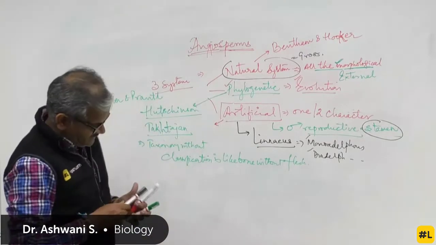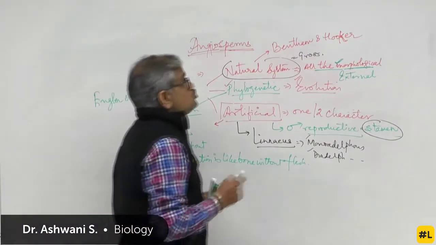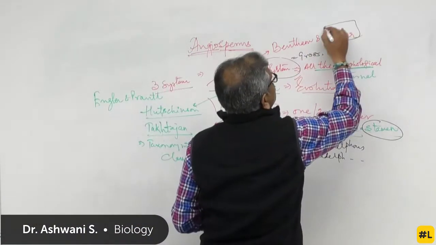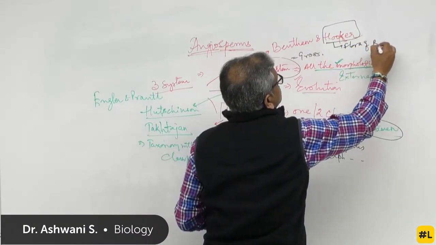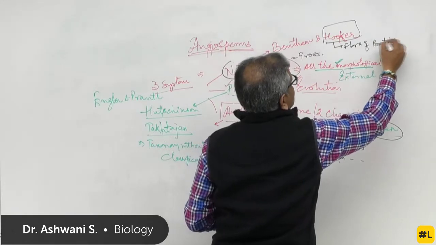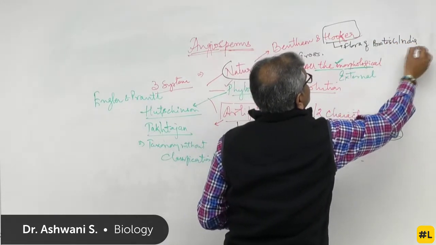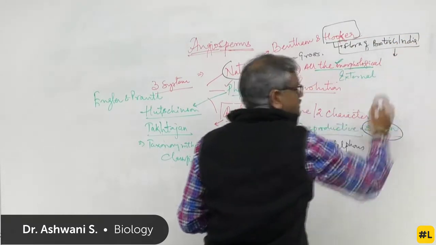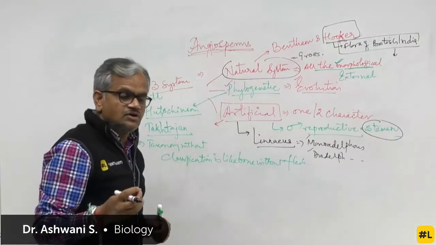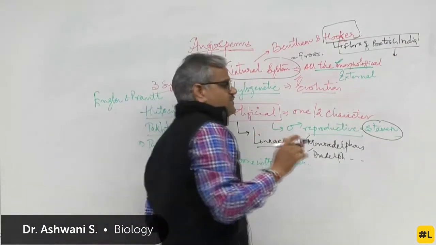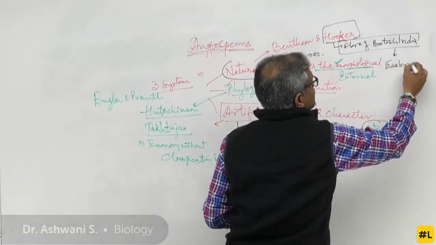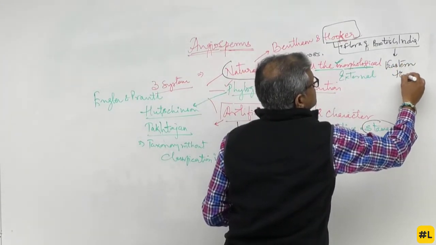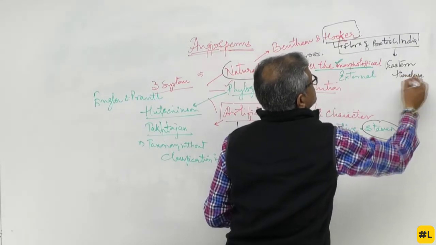I will tell you here something very interesting about Hooker. Hooker was the person who first wrote Flora of British India. And if my memory does not go bad, he himself told the biodiversity hot spots in India are the Eastern Himalayas and Western Ghats.